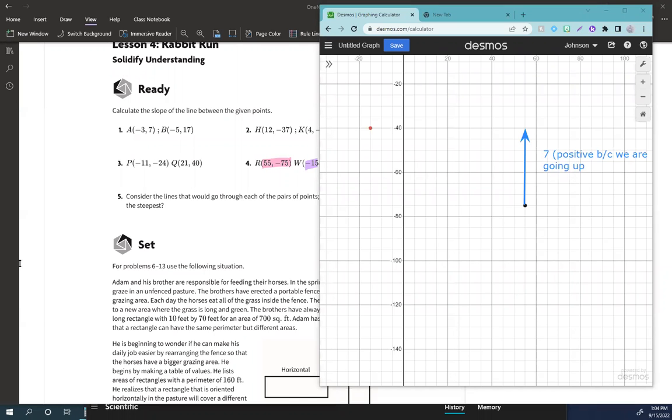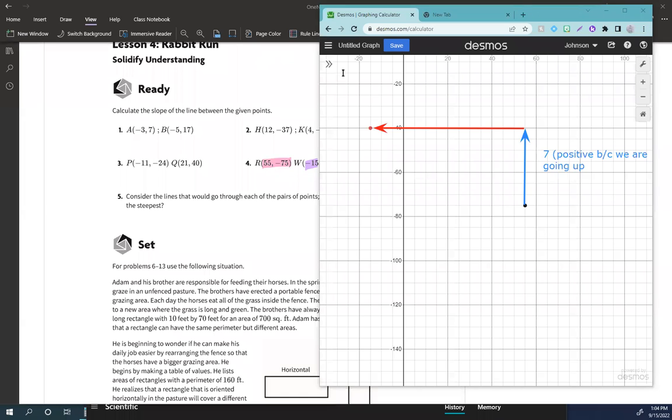Okay, and then let me switch colors for my arrow. Then we are going to go from here and we're going to run all these blocks this way. Do you see my rise over run? So let me count 1, 2, 3, 4, 5, 6, 7, 8, 9, 10, 11, 12, 13, 14.